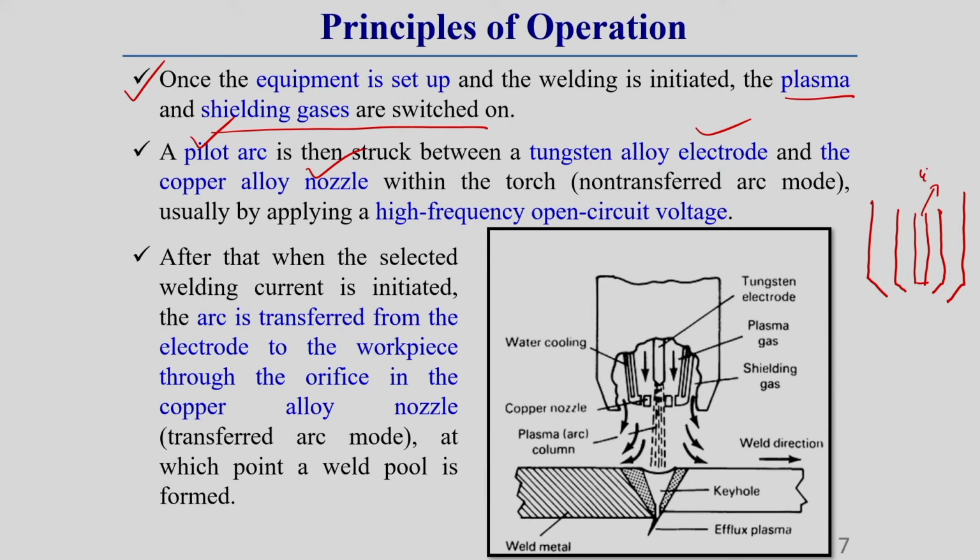Pilot arc means, this is your electrode. Once we start the equipment, initially a pilot arc is started. That means, in our setup I have shown there is a connection with a resistor with this copper. This is generally a copper nozzle, or you can say copper orifice, sometimes called copper cooled nozzle. The arc which is struck between this electrode and this copper nozzle is called pilot arc.